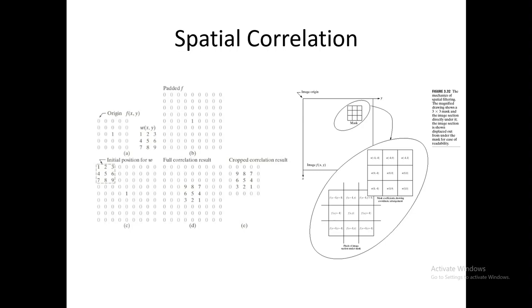In figure D we get the complete result after the correlation is performed, and finally we can see the cropped result. Here it starts with 9. The final result is 987654321, and in this way we perform the spatial correlation.